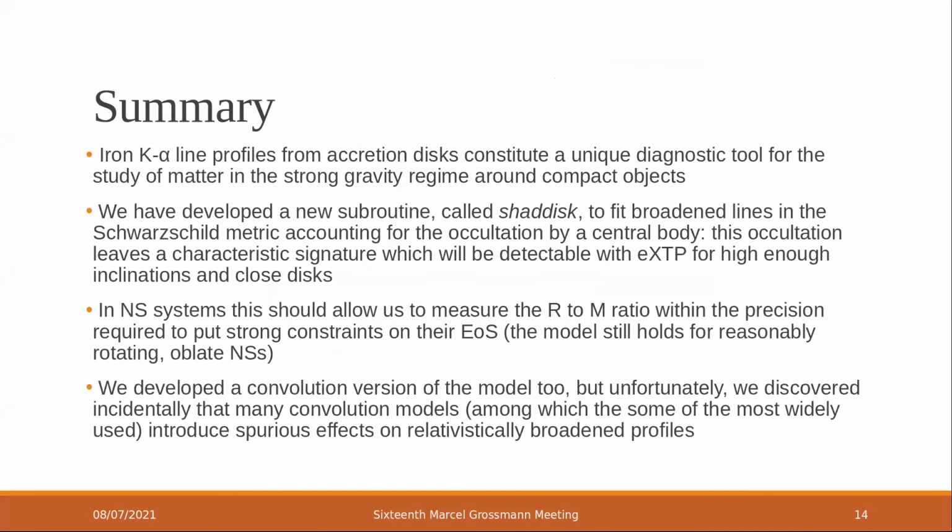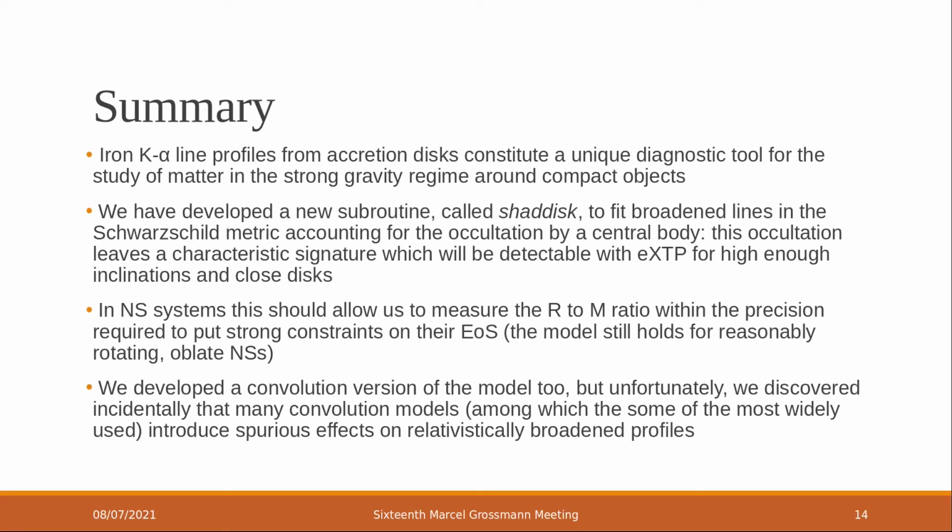Now I'll just summarize everything. I think I'm at around 16 minutes. Iron K alpha line profiles have already proved to be one of the most important probes of systems in the strong gravity field regime.